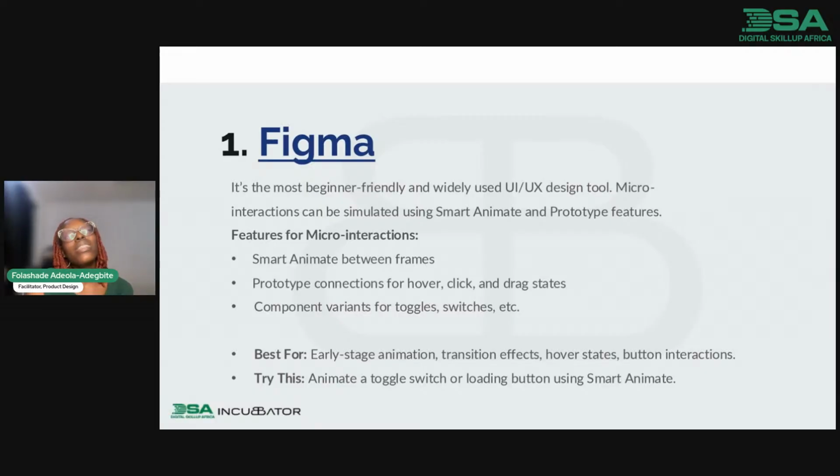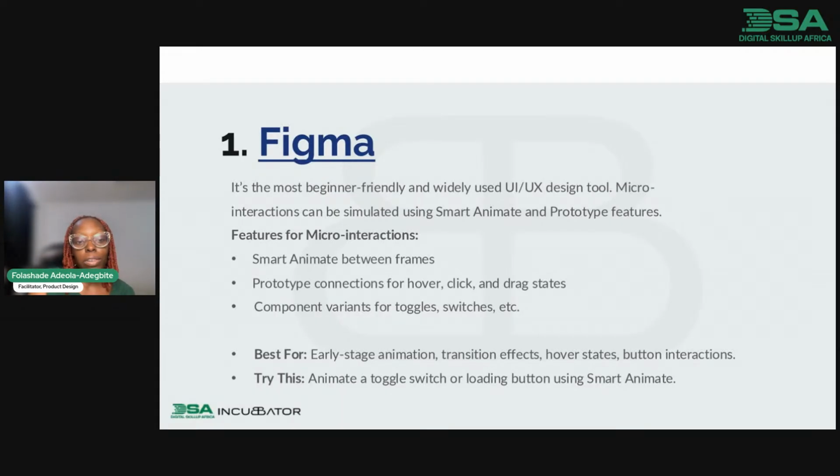When you get to the prototype stage, you're going to see how you can actually animate your frames depending on what you are building, either a button or a text field. It all depends on what you're building, right?